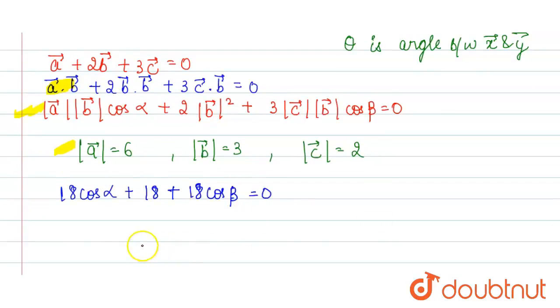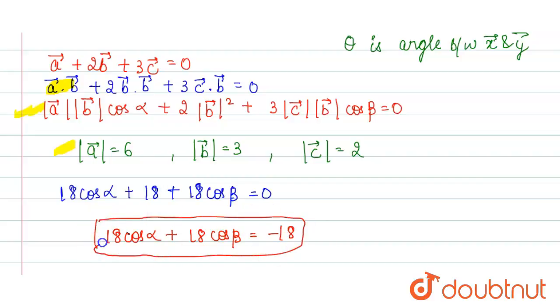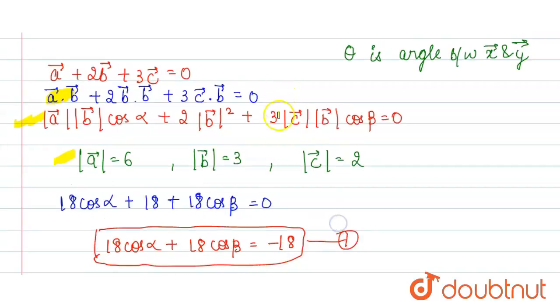So here we can write it as 18 cos alpha plus 18 cos beta is equal to minus 18, and let this be equation number first. Now we get this equation when we multiply by b vector.